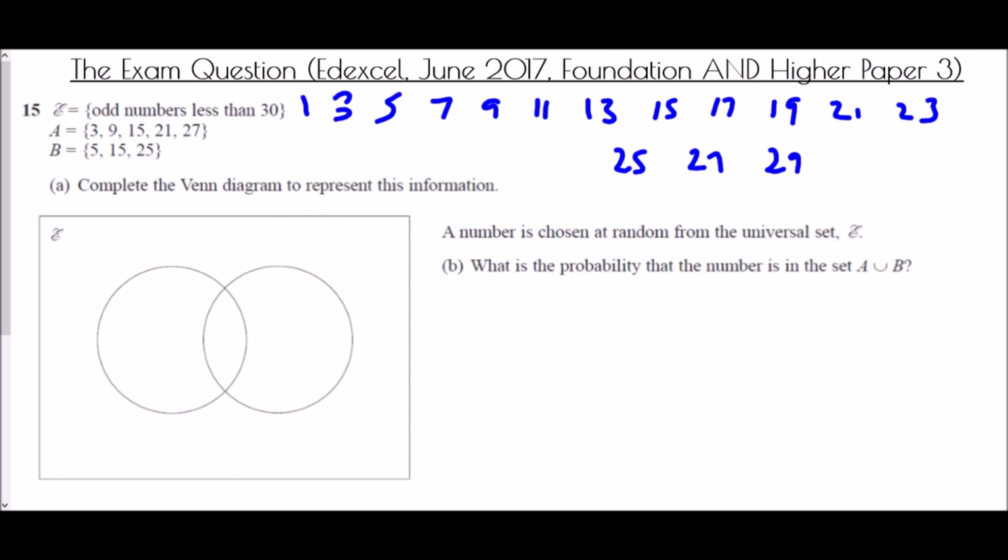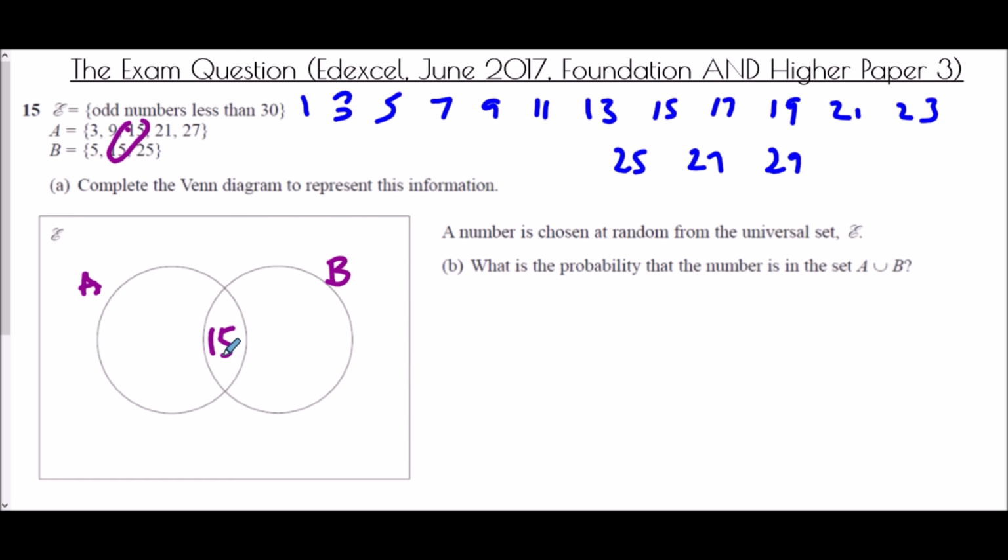What we've done each time is look for the values which are in both set A and B. Before we do that, we should mark that we need to call our circles A and B. The overlap is where we want to start. Which numbers are in both lists? Well, 3 is only in the A list, 9 is only in the A list, 15 is in both of them, and that is the only one.